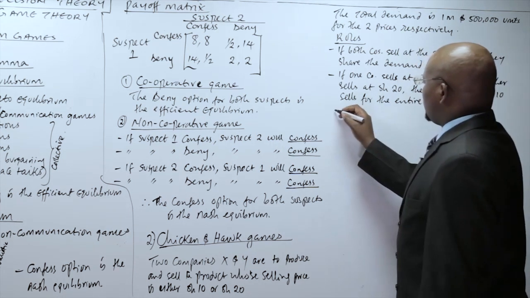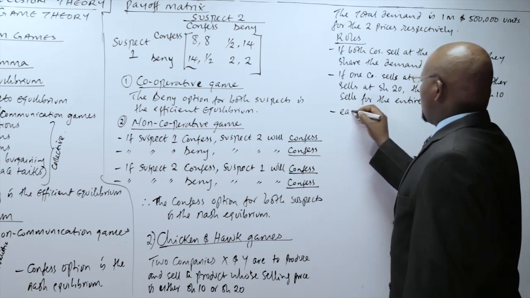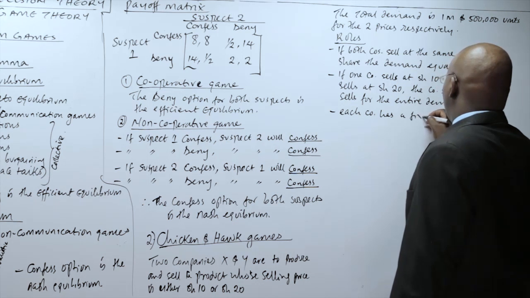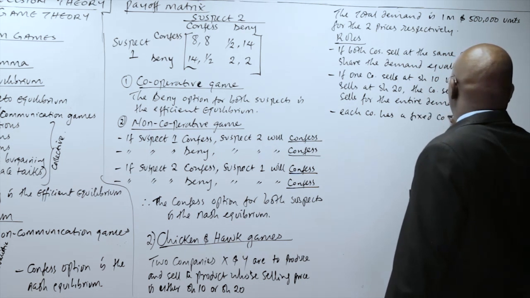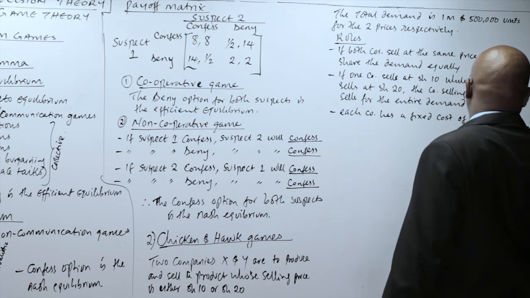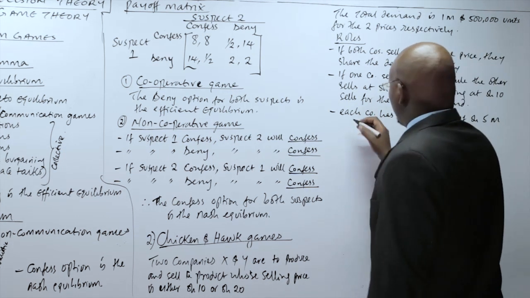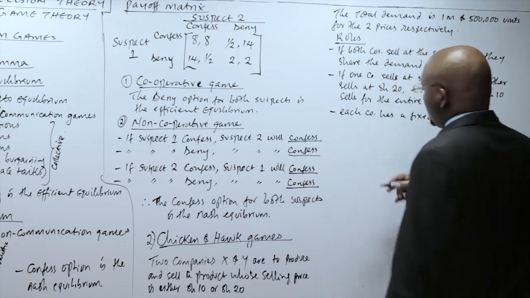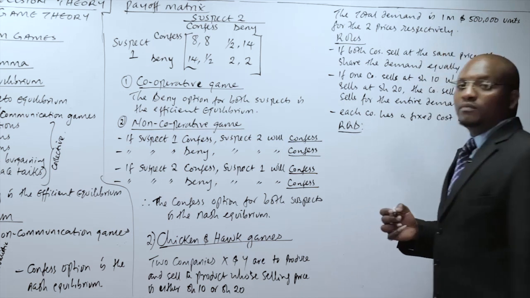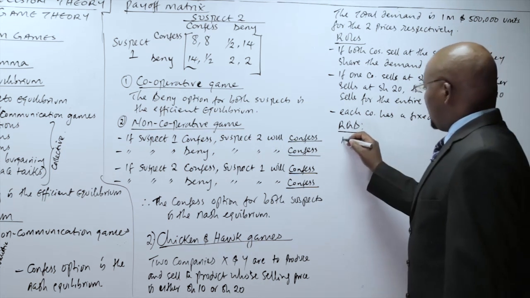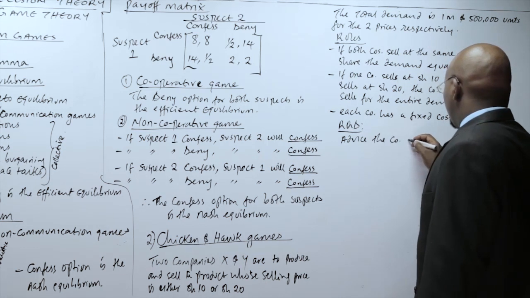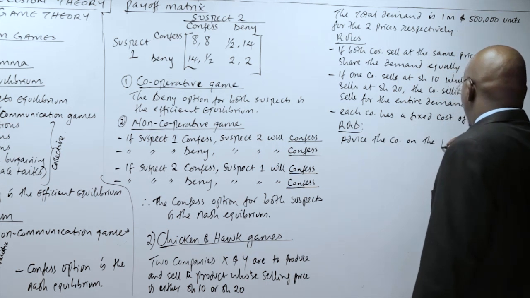Then each company has a fixed cost of shillings 5 million. So required, advise the companies on the prices to adopt.